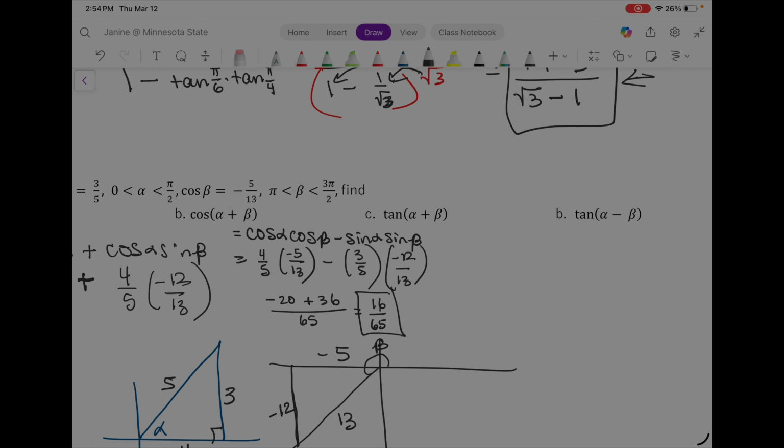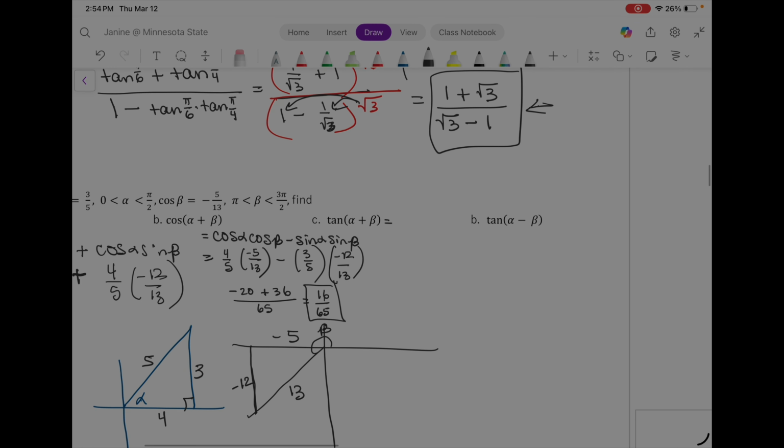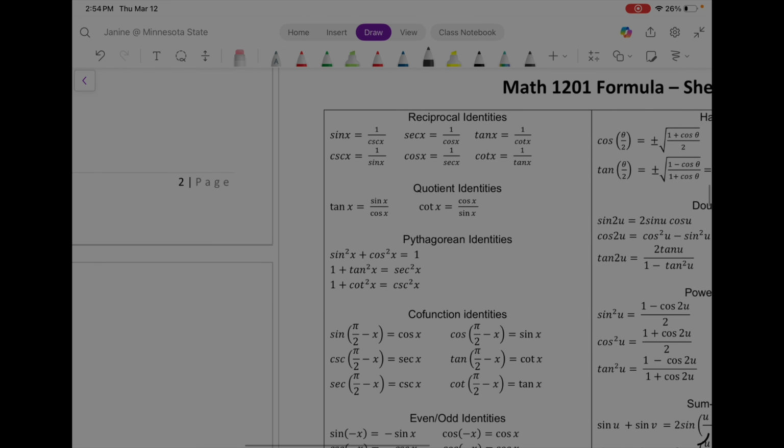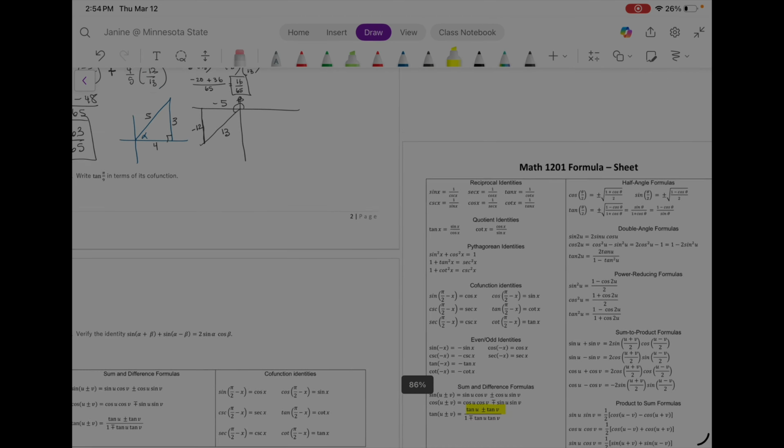Tangent alpha, tangent beta. The top, I'm just going to zoom out to refresh our memory again here. Right here, it is tangent first plus or minus, whichever, tangent second.